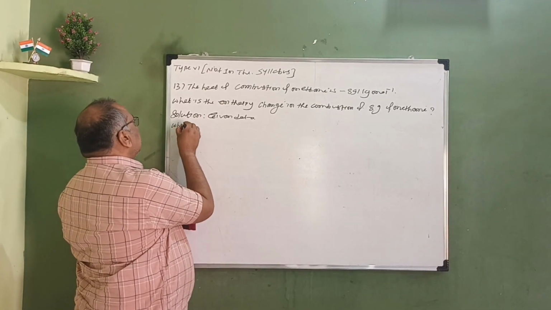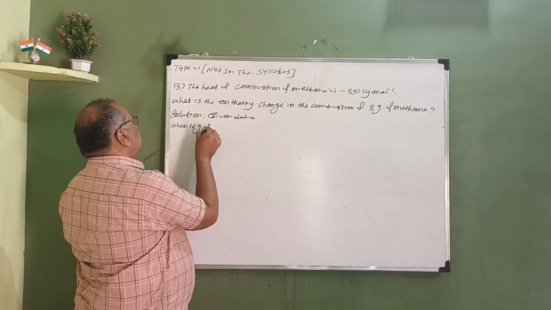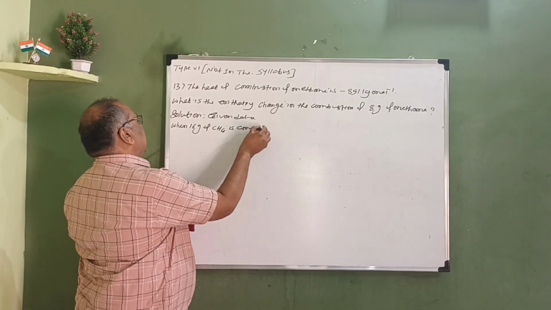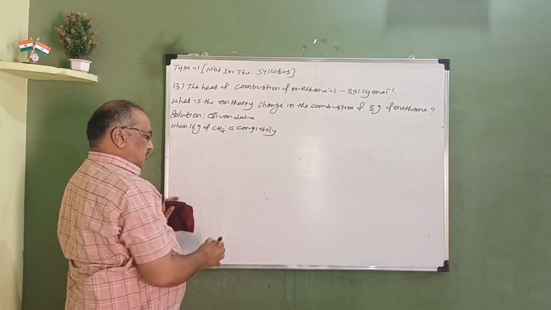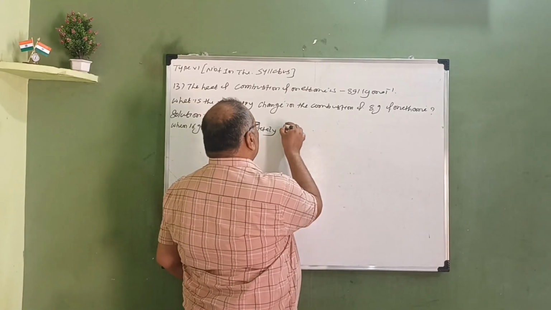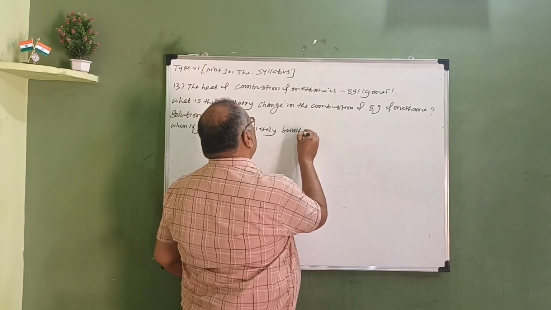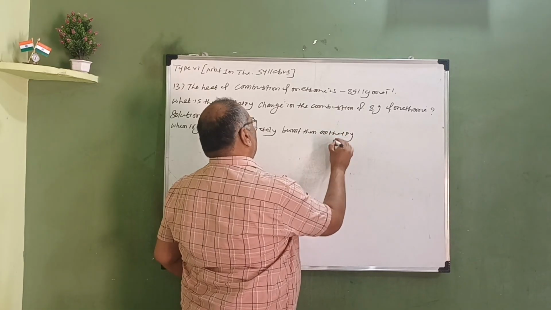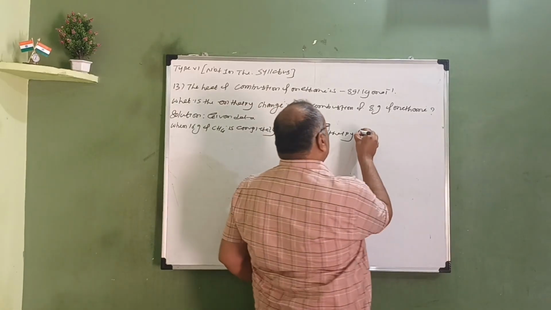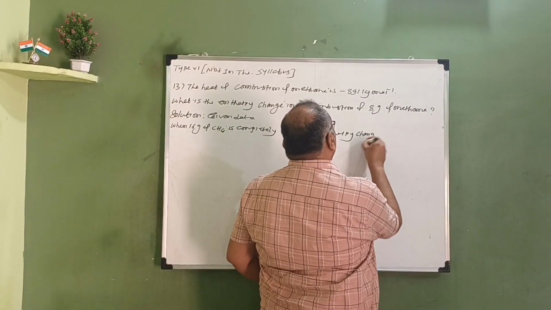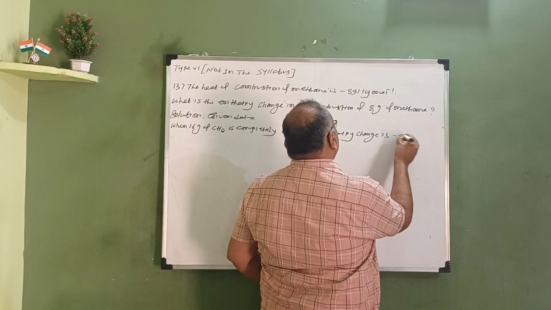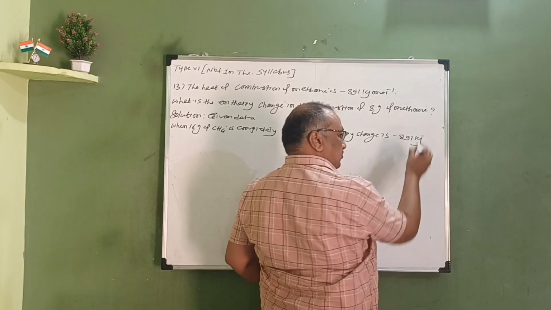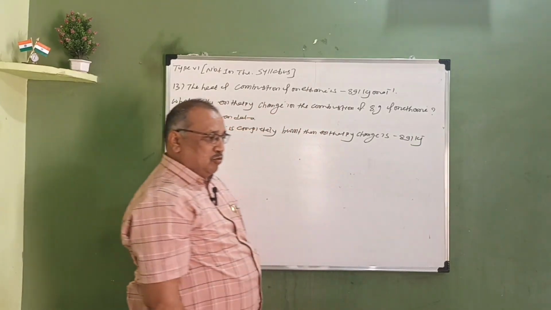When 16 gram of CH4 is completely burned, then enthalpy change is minus 891 kilojoule.